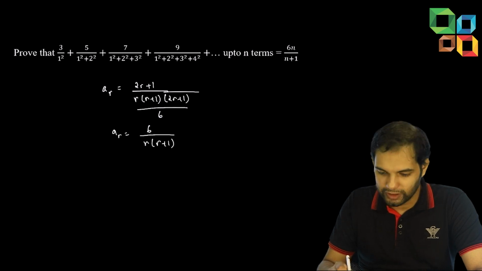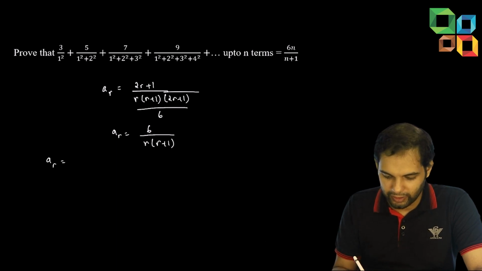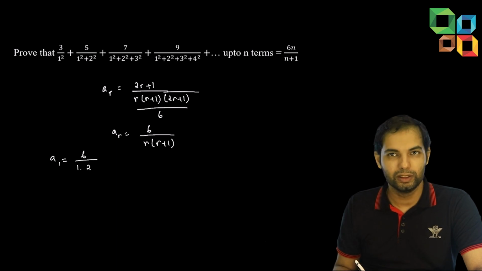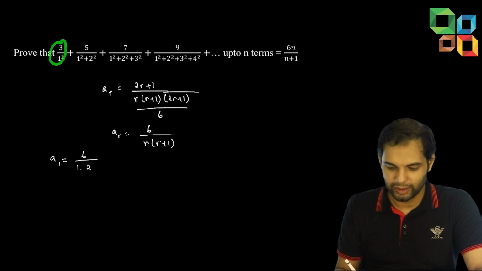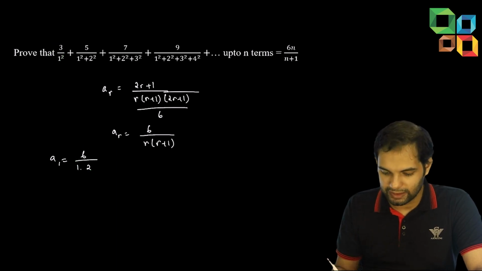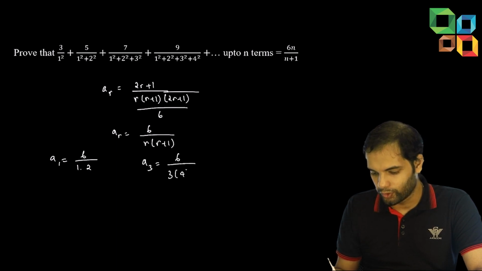For example, if you want me to write, I can write like this. Say a_r is 6 divided by r into r plus 1. If you want, I'll write all the terms. A1 is what? 6 by 1 into 2. Right? It is the same thing. You can see that you will get 3. You're getting 3 here also. Nothing changed. Just for checking, A3: 6 by 3 into 3 plus 1, which is 4.